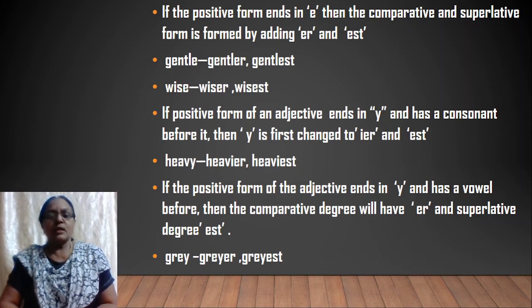Now, let's look at the word heavy. Now, the word heavy ends in Y, and just before the Y, the alphabet Y, we have a consonant. So in such words, we find the Y changes to IER in the comparative form and EST in the superlative form.